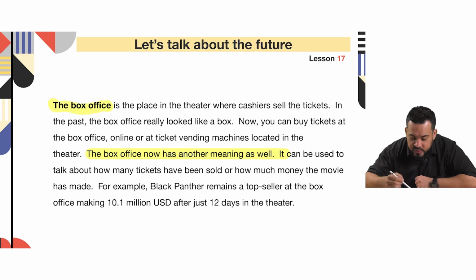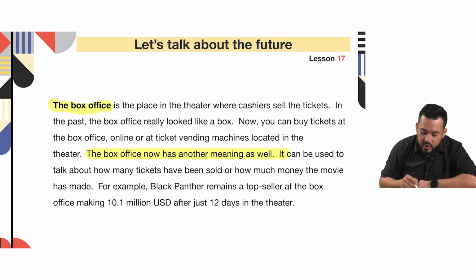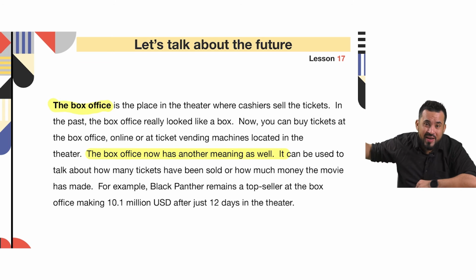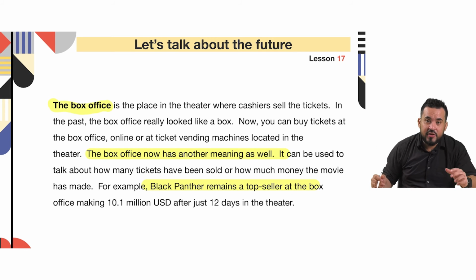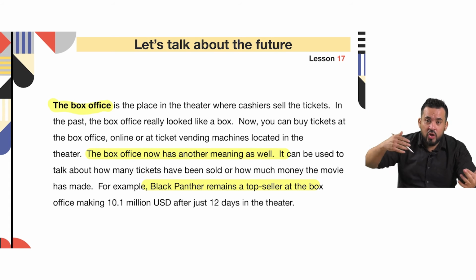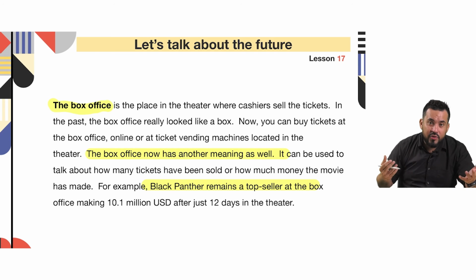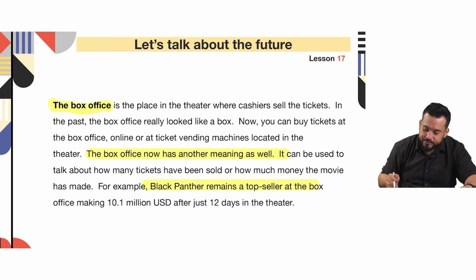It can be used to talk about how many tickets have been sold or how much money the movie made. So like, the US box office, like the Black Panther remains top seller at the box office. That means overall, how many tickets this movie has sold, or how much money they made, or how well they're doing, that earns them a spot on the box office.